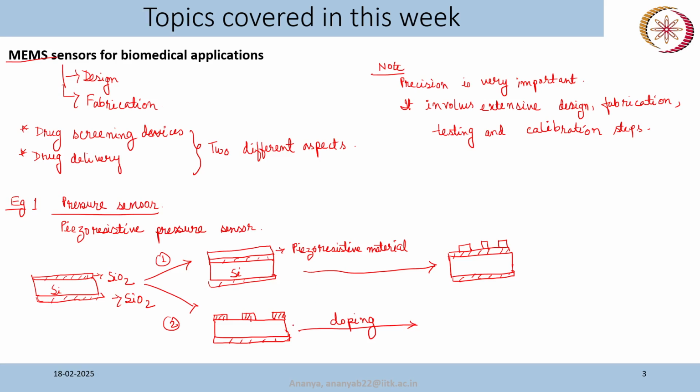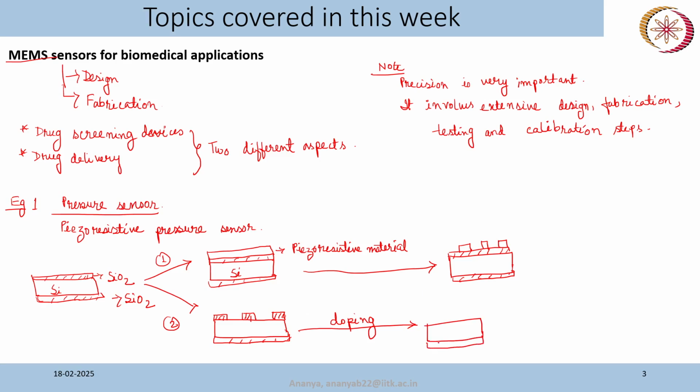As I mentioned, boron-doped silicon is a piezoresistive material, so you can dope the silicon with boron. Because you have made a window here using SiO2, doping will only be in this portion, below the opening. So your structure will be something like this.